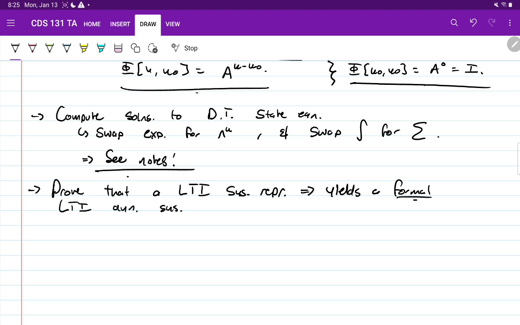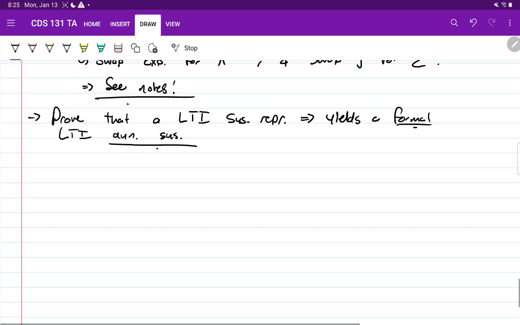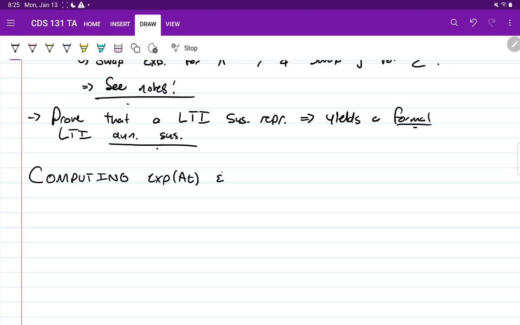This is one of the major things we needed to make sure our theory was consistent: that our LTI representations actually give us LTI dynamical systems. So let's talk about computing exp of At and A to the k, and this is where we're going to spend the remainder of our lecture. It turns out this is a kind of hard problem to solve.